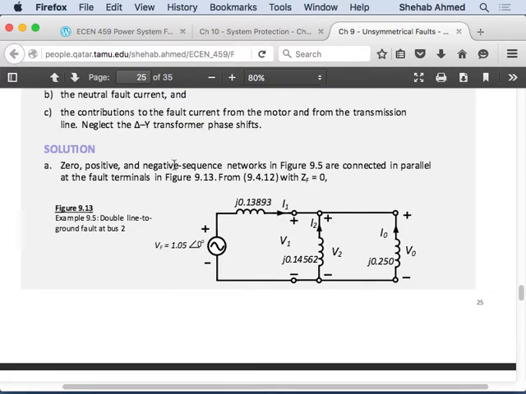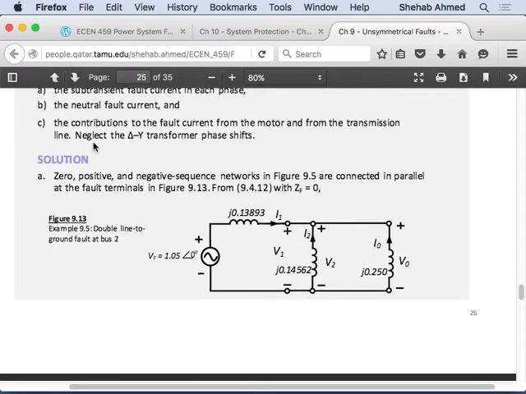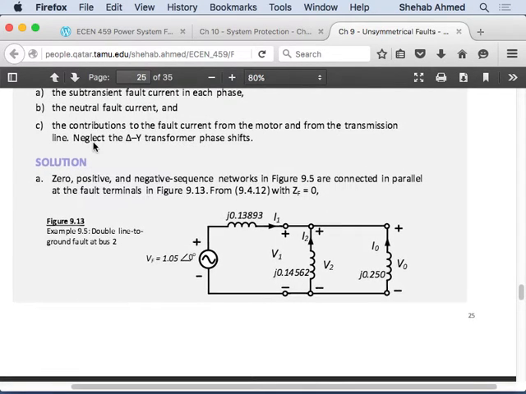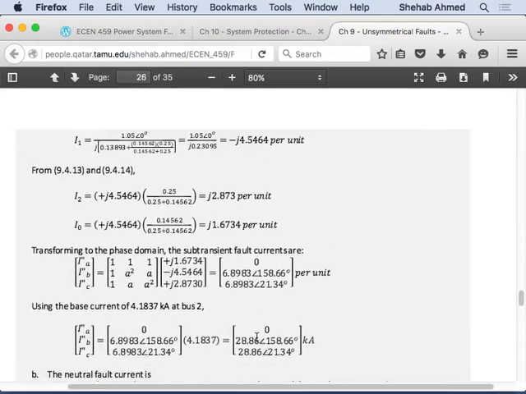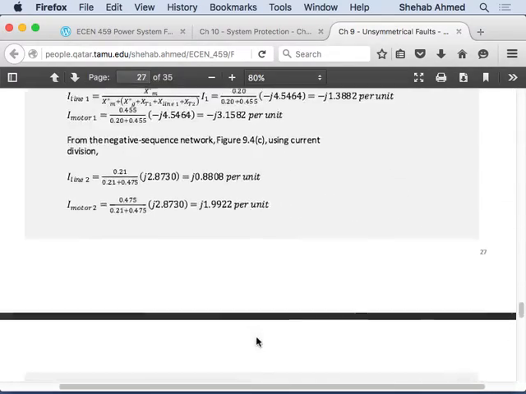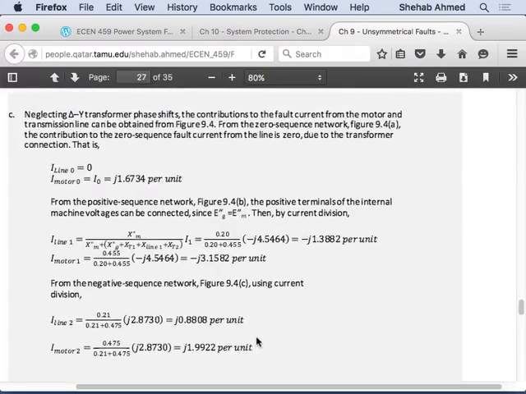What is the contribution of the motor to the fault? And what is the contribution of the transmission line to the fault? Where is the transmission line here? It's not clear, right? So you will actually have to go back to your previous circuit. Let's think, they draw it, or no, they don't draw it. But we'll have to go back and look at it, yeah.